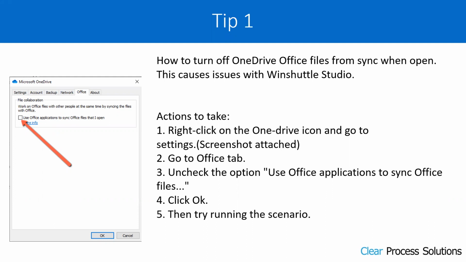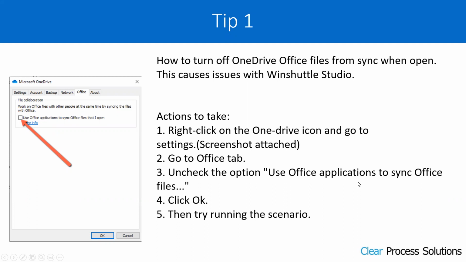So the actions that you want to take is in the lower right-hand corner of your tray, you will see the OneDrive icon. And if you'll go to that and under settings, and we can see here our screen attached, you need to go in and find the Office tab.